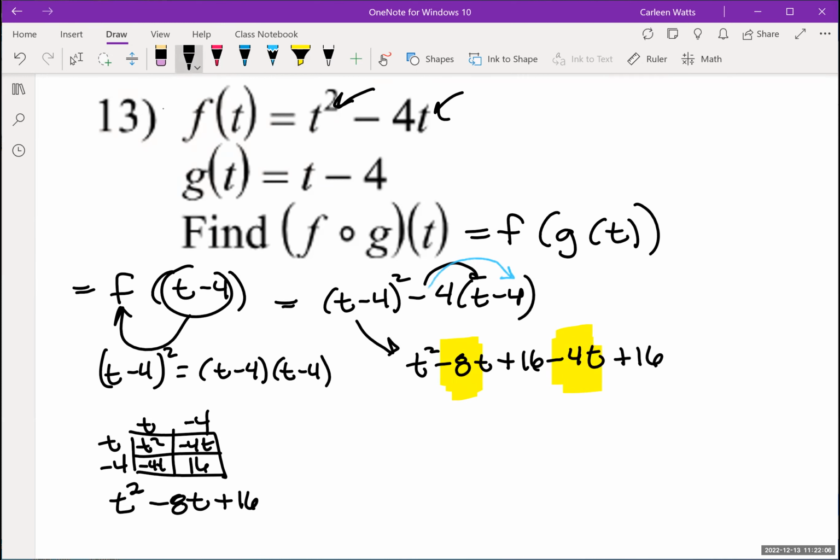Okay, anyone get an answer? t squared minus how much t? 12t, thank you. Plus, what's my constant?